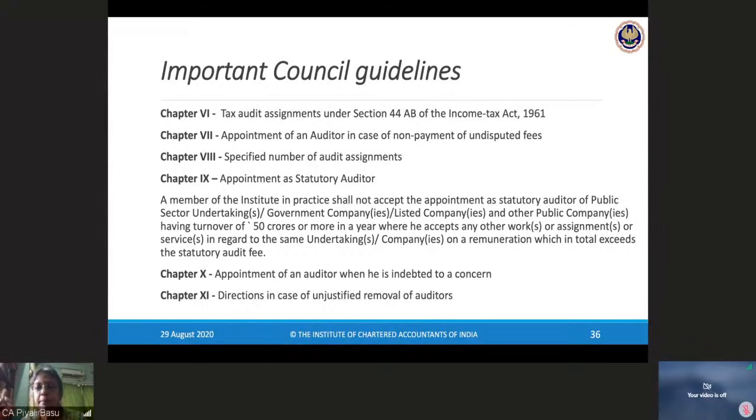A point to note here: this doesn't include the advance that you have received from the client. That doesn't mean indebtedness to the company. You might receive an advance for many jobs, as I told you before. It could be for expenses, it could be part of the fee also.